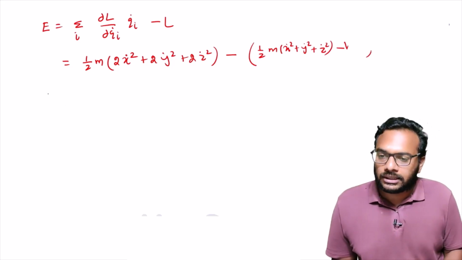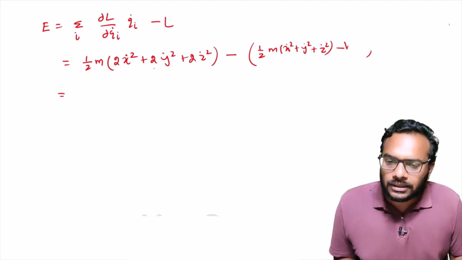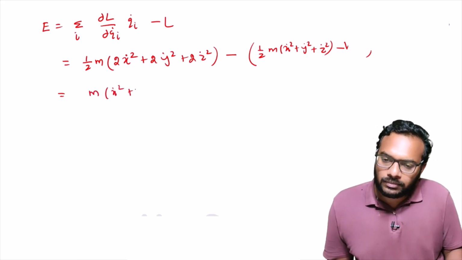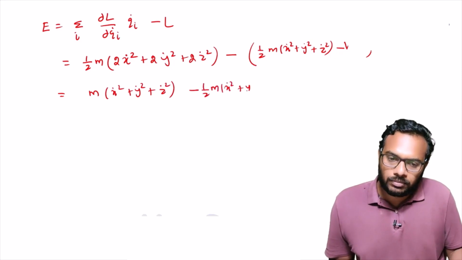All right, so you see that this 2 and this 2 get cancelled, and this is equal to m times x dot squared plus y dot squared plus z dot squared, minus half m times x dot squared plus y dot squared plus z dot squared.